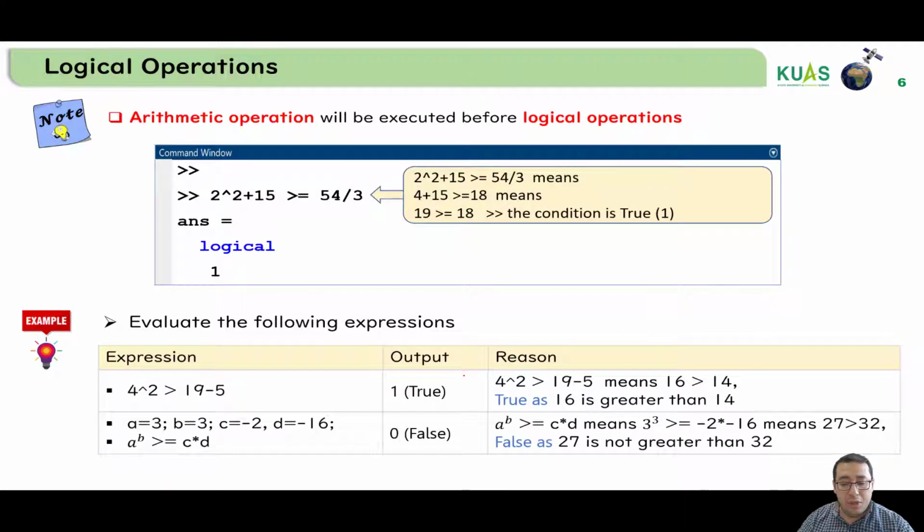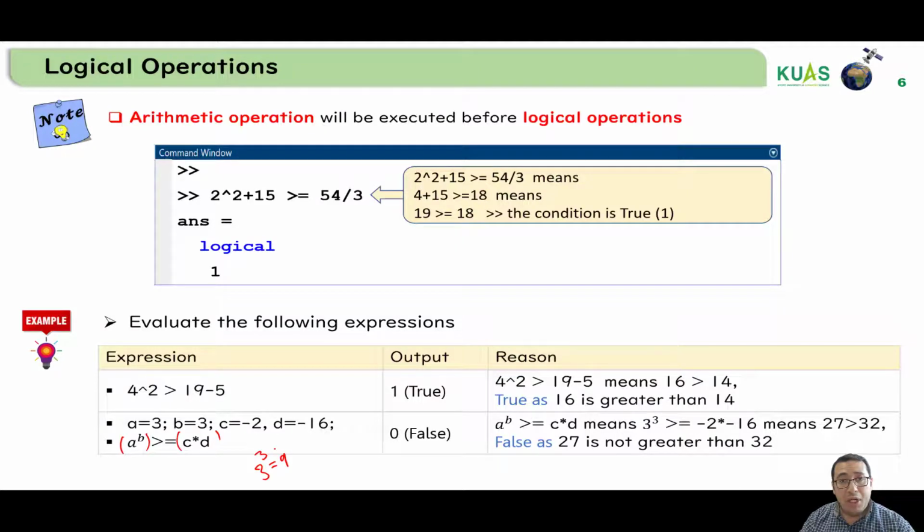And the second example, we have a equals 3, b equals 3, c equals minus 2, d equals minus 16. And what if I ask a to the power b greater or equal c multiplied by d? So let's solve this part first and this part first, and then let's compare. So a to the power b means 3 to the power 3, which means 27.